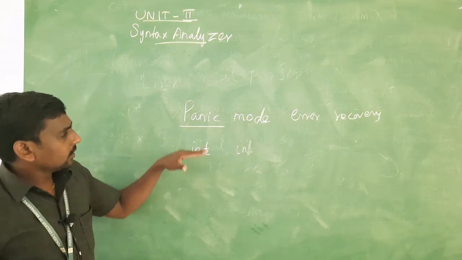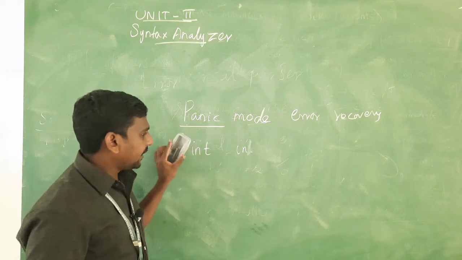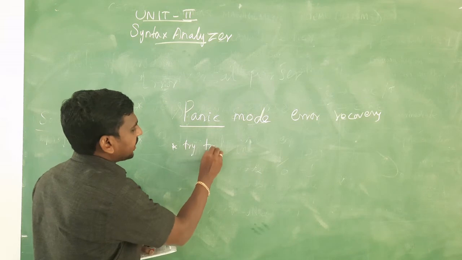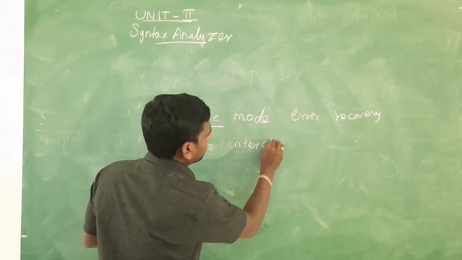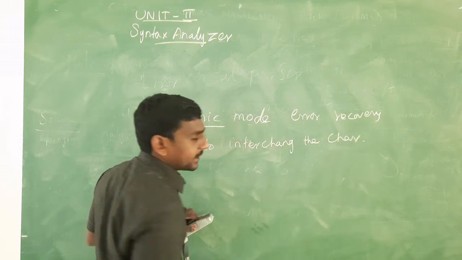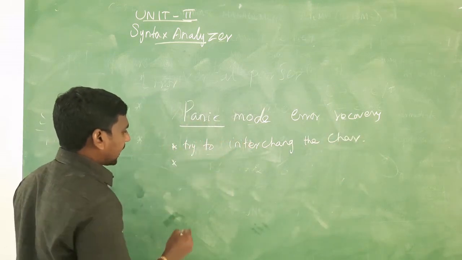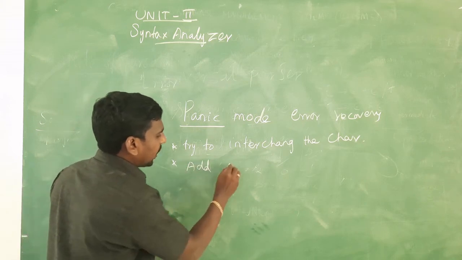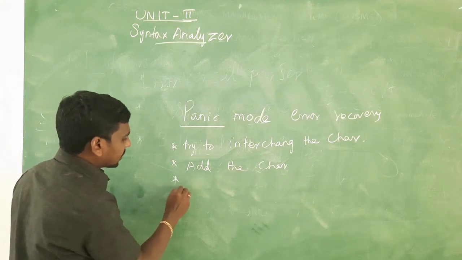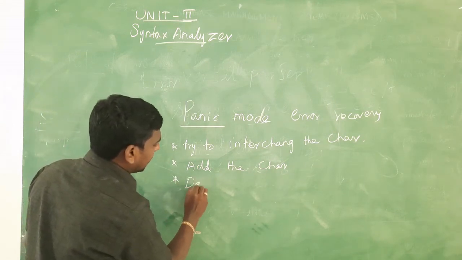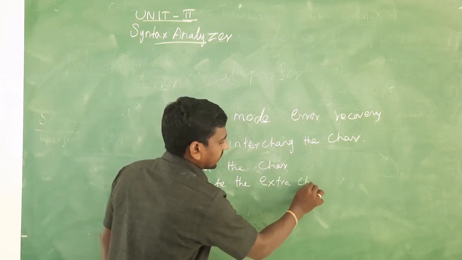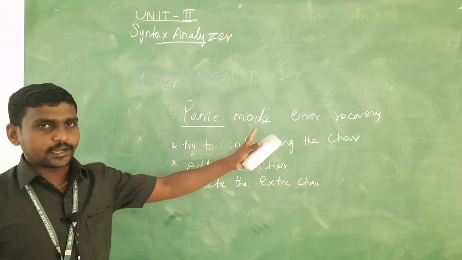Panic mode error recovery corrects it automatically. How does it correct the error? First, try to interchange the character. Or try to add a character. Or try to delete the extraneous character, the extra character. These are the properties of panic mode error recovery.